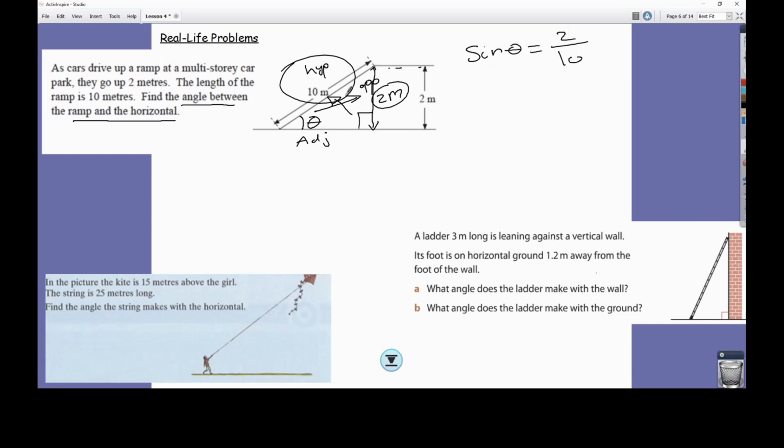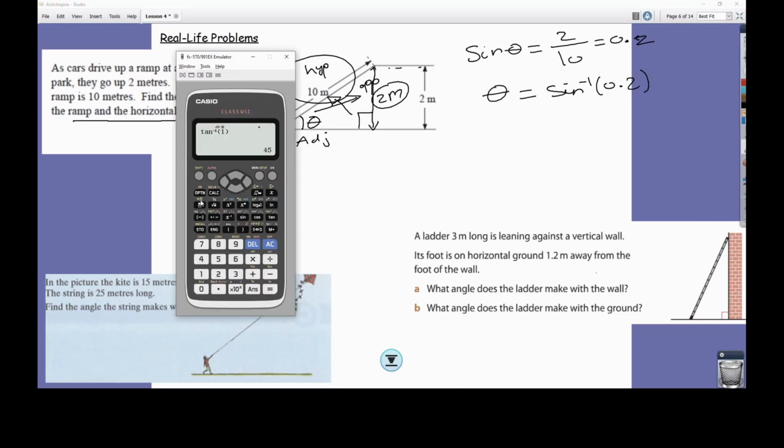And again, pay attention to these units, make sure they're not being mean and giving you centimeters and meters. They're not. So I get sine theta is 2 over 10, which is 0.2. We can calculate it there if we want, but we don't need to. To undo the sine, I need to take inverse sine of both sides. So theta must be the inverse sine, so shift sine or sine minus 1, arc sine, whatever you want to call it, of 0.2.